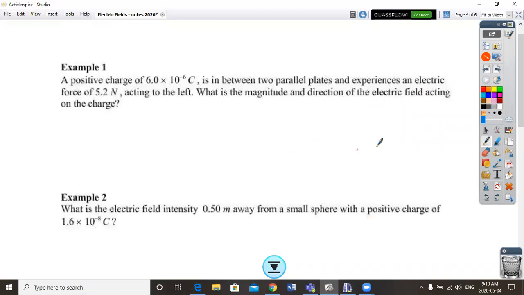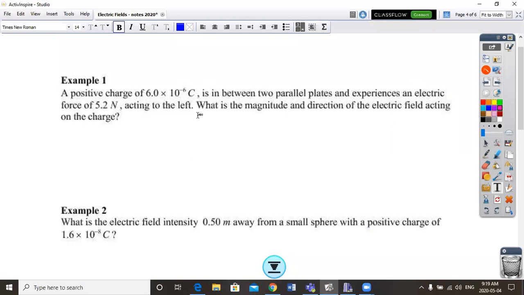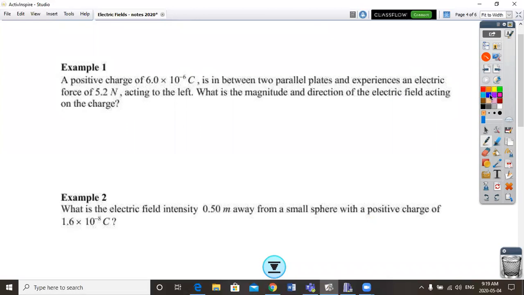So first example, a positive charge, 6 times 10 to the negative 6 coulombs, is in between 2 parallel plates and experiences an electric force acting to the left. So if we draw a free body diagram, okay, we have a positive Q and experiences a force to the left.